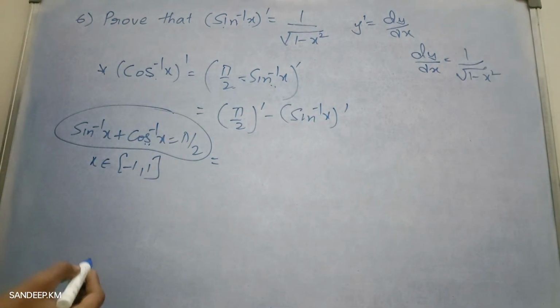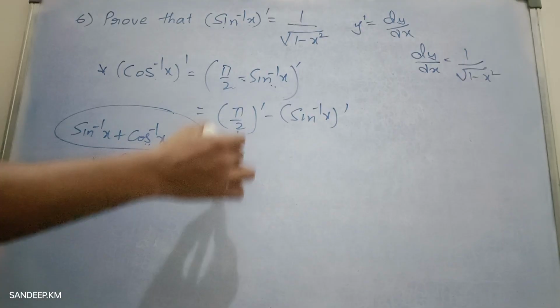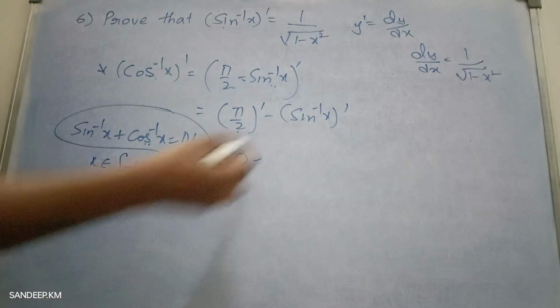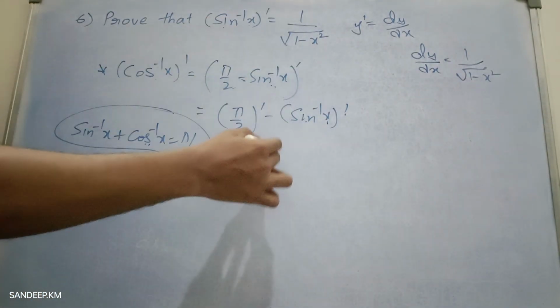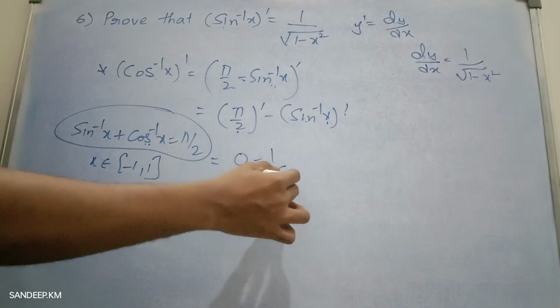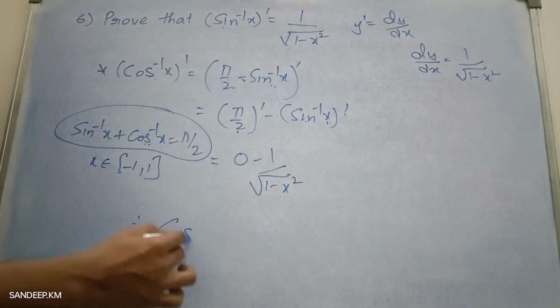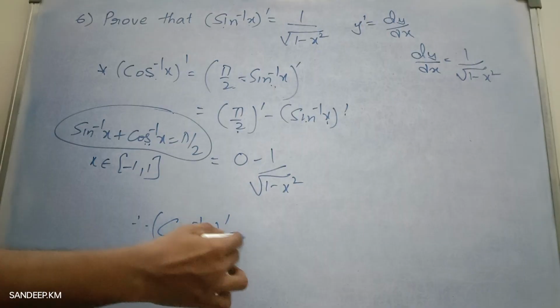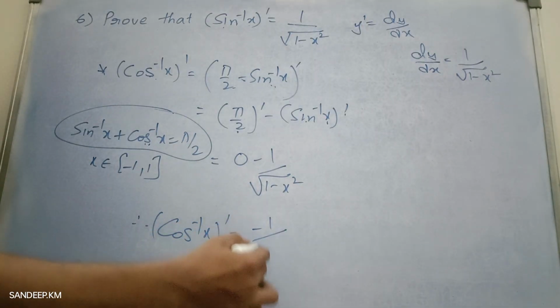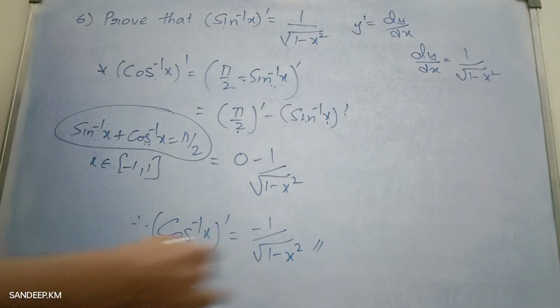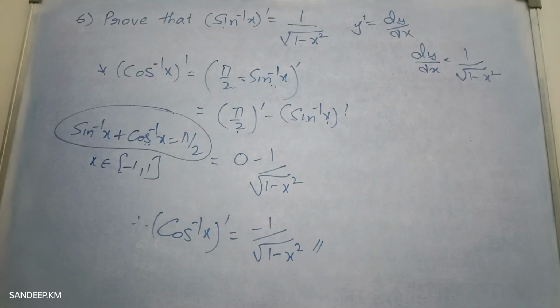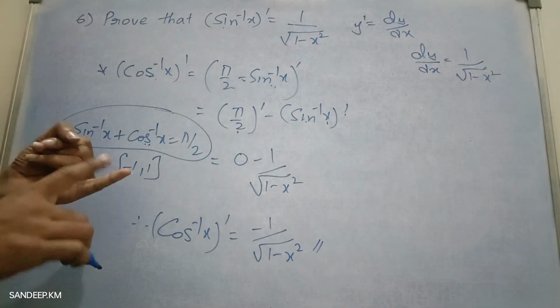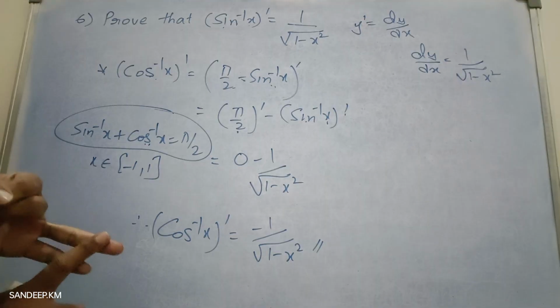In our first video we learned that a constant's derivative is 0, minus the sin inverse x derivative, which we have proved is 1 by root of 1 minus x square. Therefore, what is the cos inverse x derivative? The cos inverse x derivative is minus 1 by root of 1 minus x square. So this is the cos inverse x derivative, right? We have completed the derivatives of sin inverse x and cos inverse x.